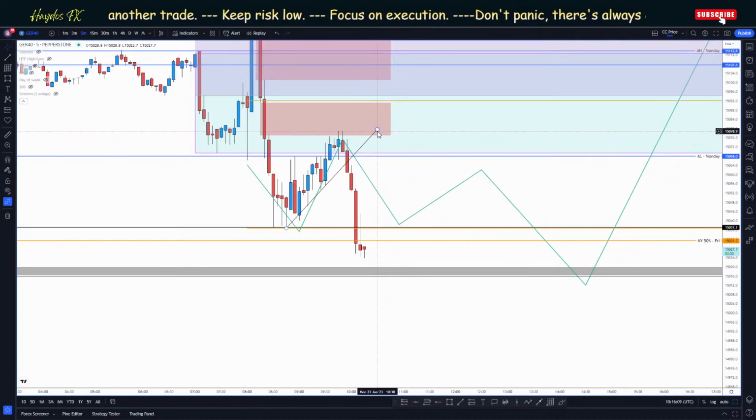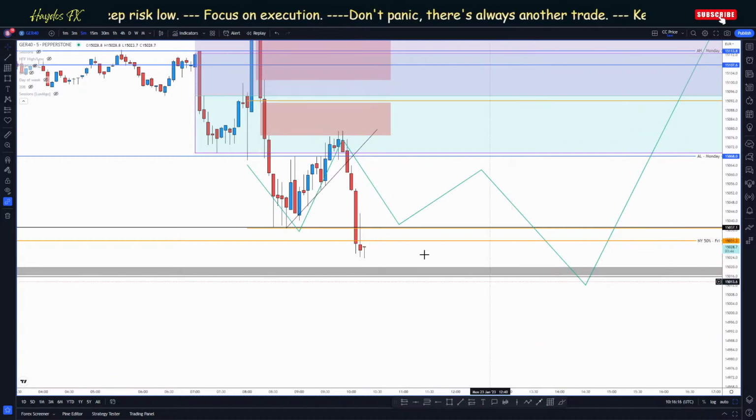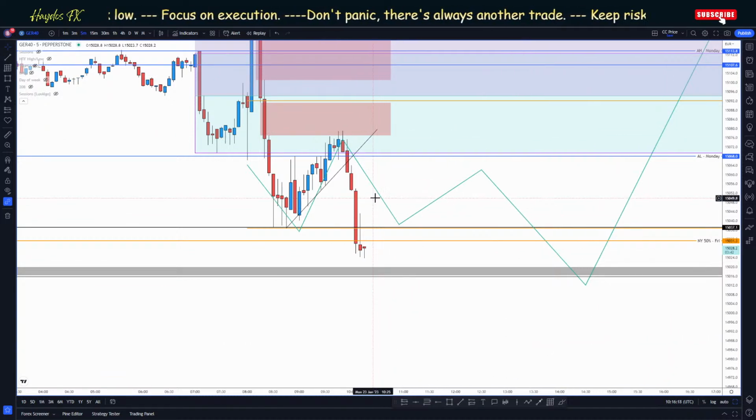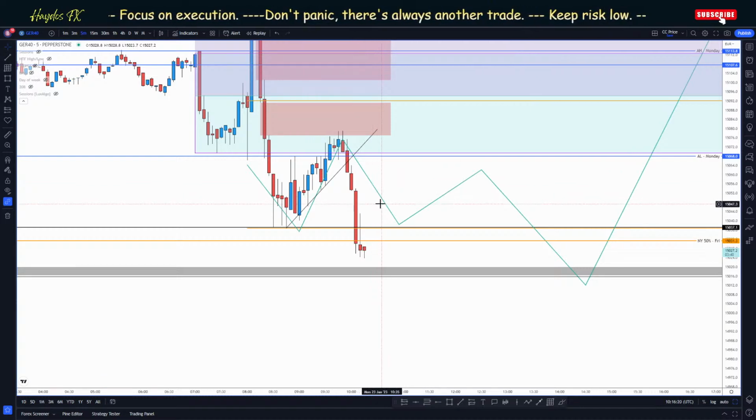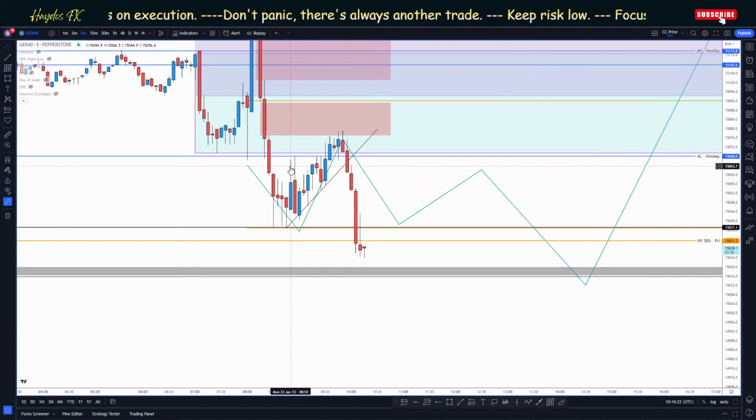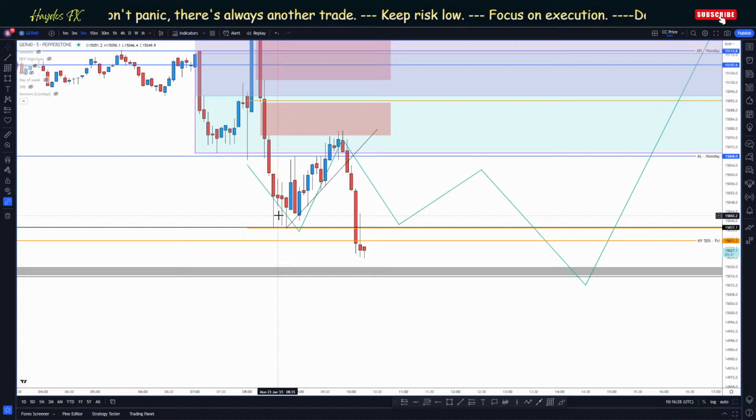I did have a sell stop set, and I cancelled it when I saw the price action, like a reversal at the bottom there on the 5-minute structure. So I saw that liquidity grab.